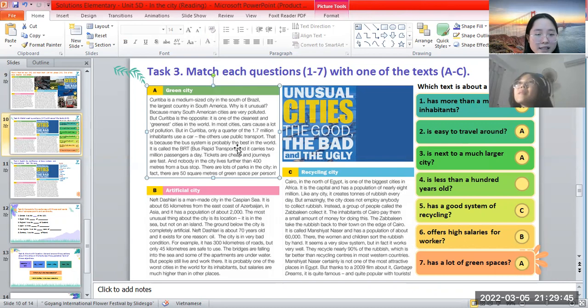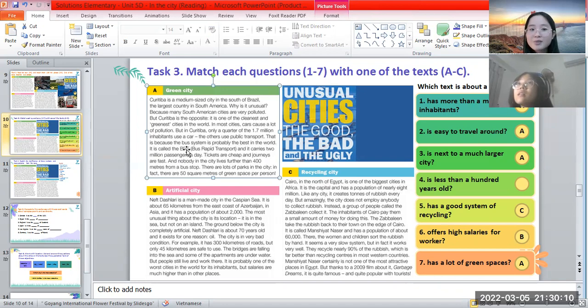We can see it here. Let's look at this one. That is because the bus system is probably the best in the world, and the tickets are very cheap and the journeys are fast.